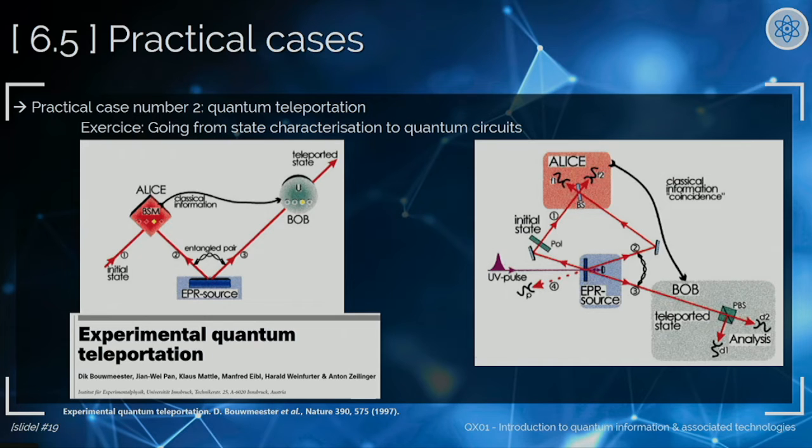So how was this done experimentally? For this, and I'll explain that afterwards, they use optics. They use a particular optical crystal, this part here. And they sent a UV pulse of light, so a laser pulse.